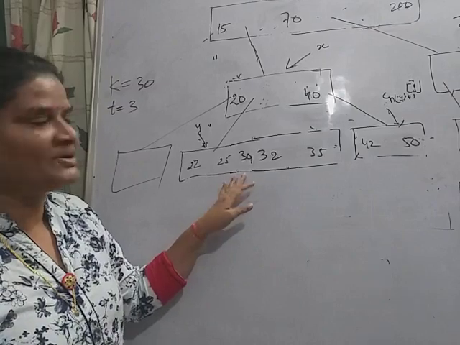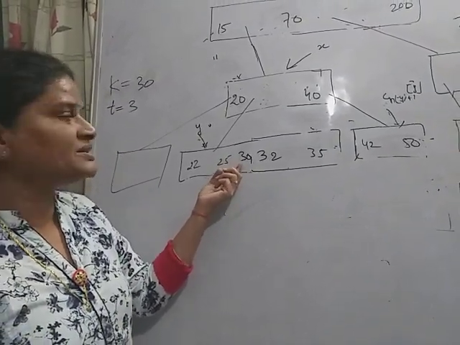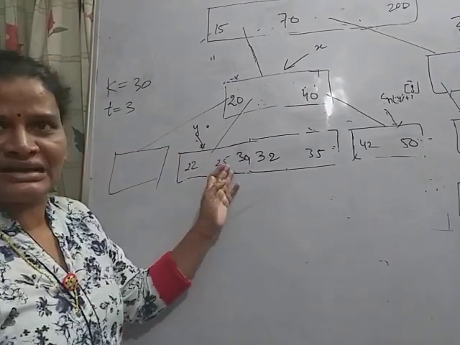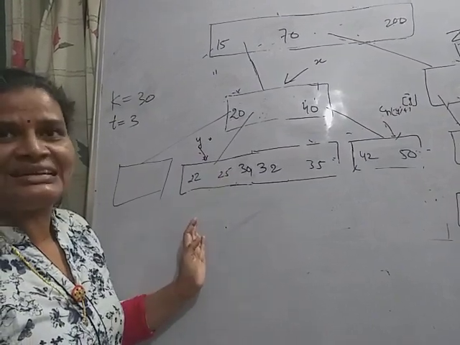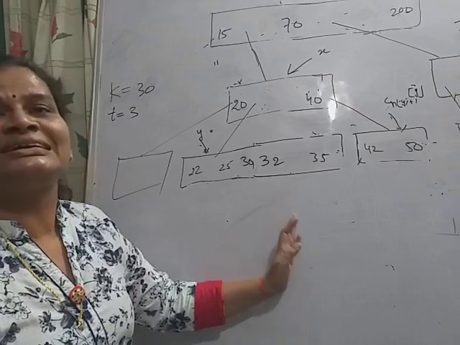If it is a leaf, then it contains the full node, so 30 can be deleted. If it is not a leaf node and 30 is there, then again it will check whether the child that precedes 30 contains at least t keys, or the child that follows contains at least t keys.